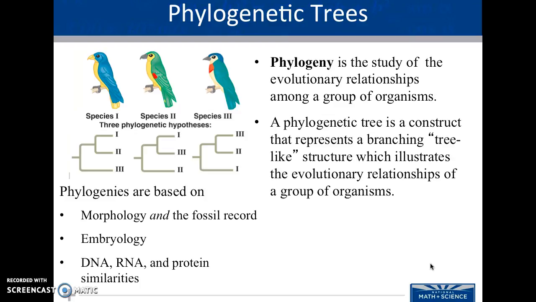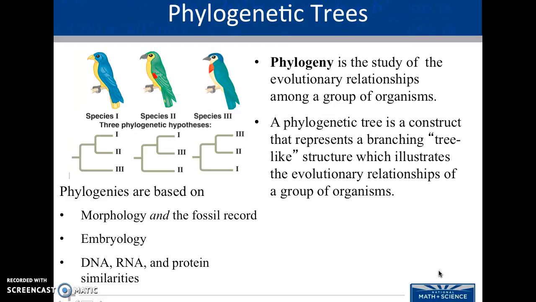Phylogenies are based on morphology, so physical characteristics, and the fossil record, also based on embryology, which is essentially looking at how similar we looked when we were talking about development, fetal development, and we're also looking at DNA, RNA, and protein similarities.